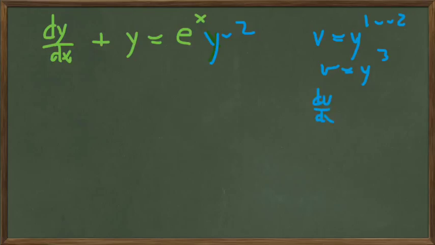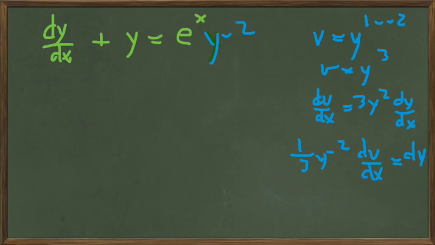dv dx equals 3y squared dy dx by the chain rule. Solve that for dy dx, and we get 1/3 y to the minus 2 dv dx equals dy dx.